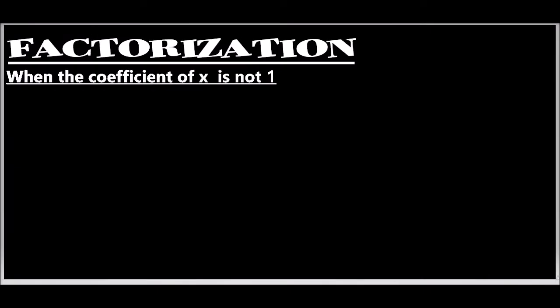We are going to look at factorization when the coefficient of x is not equal to 1. In the previous lesson, we learned how to get the factorization when the coefficient of x is 1. So we describe the quadratic expression as ax squared plus bx plus c, the general quadratic expression.